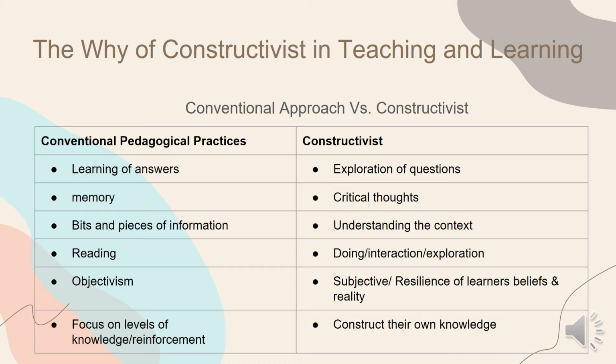Traditional emphasizes memory, while constructivist emphasizes critical thought. Conventional pedagogical practices emphasize bits and pieces of information, while constructivists believe that understanding a context is very, very essential. While the traditional thinks that children must read, which is key to every child.